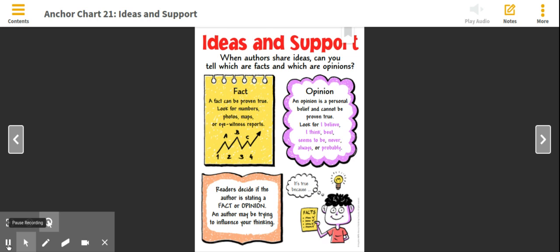We're going to practice analyzing the author's ideas, and then we're going to support the ideas to gain a better understanding of what Edison's best invention might be about. So let's go on and open our books to page 263.